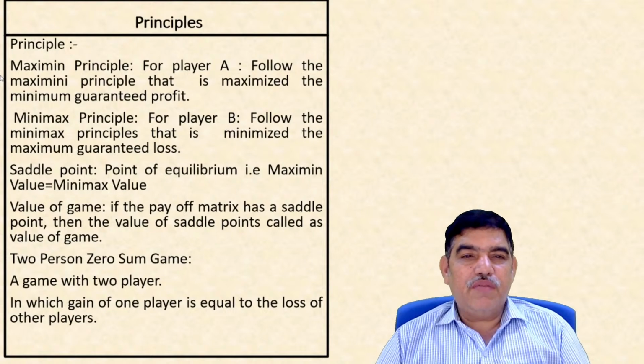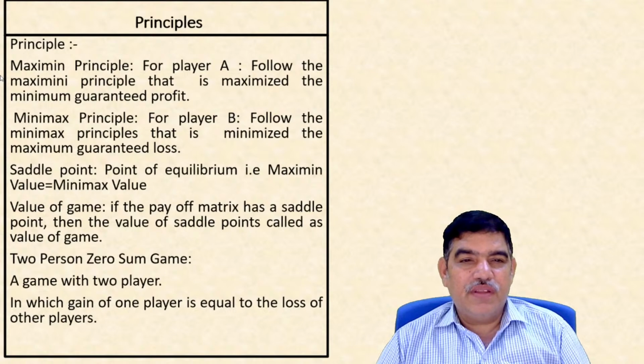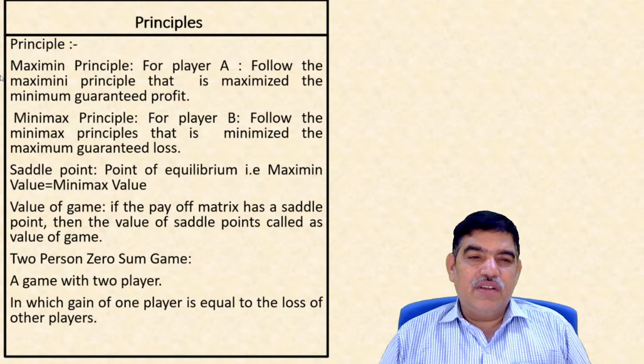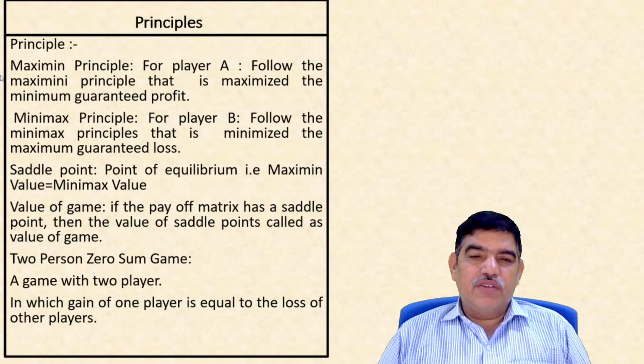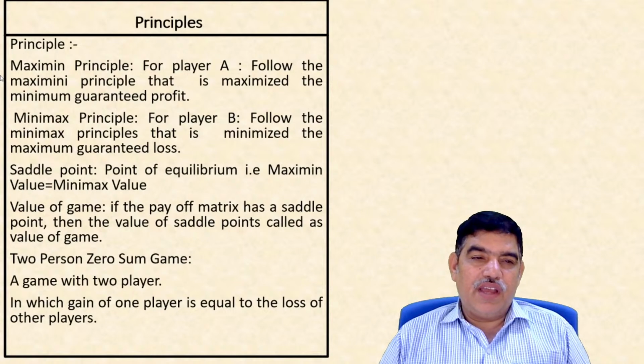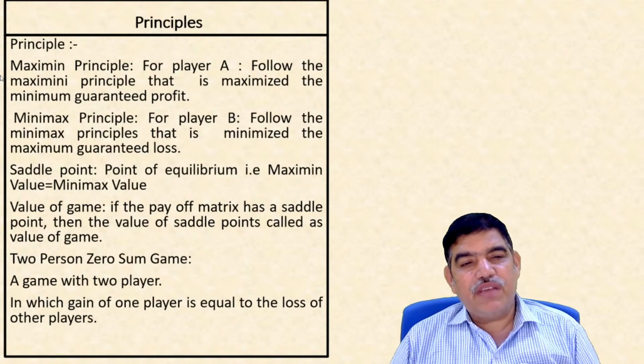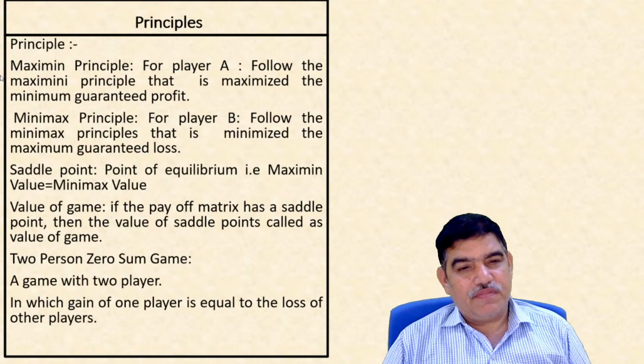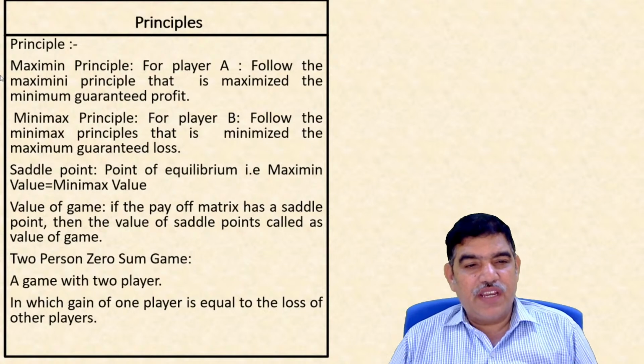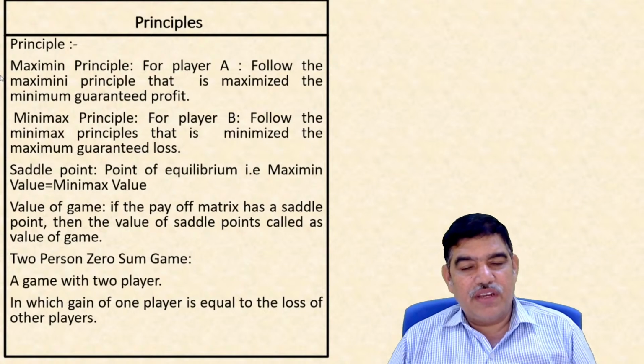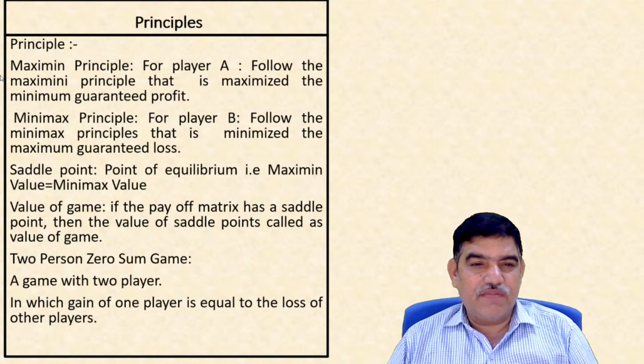If the values are the same, the gain and loss are the same, and that intersection point is called a saddle point, a point of equilibrium. So maximin value equals minimax value. Then we discuss what is value of game. If the payoff matrix has a saddle point, then the value of the saddle point is called the value of game.